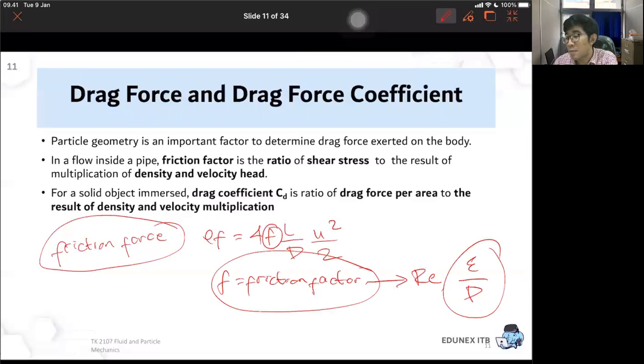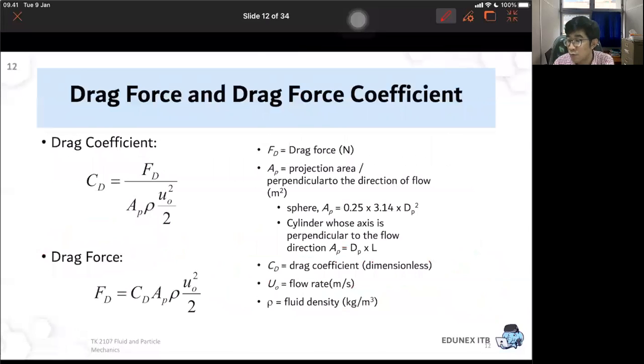The same concept applies to the drag force. To calculate the drag force, you need to calculate what we call the drag coefficient. The drag coefficient is the ratio of drag force per area divided by the density and the velocity term.